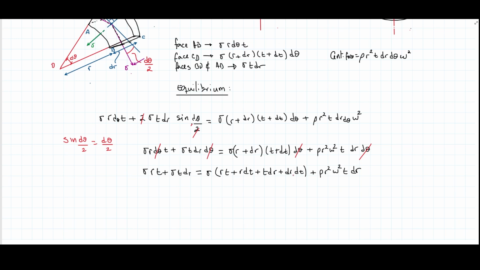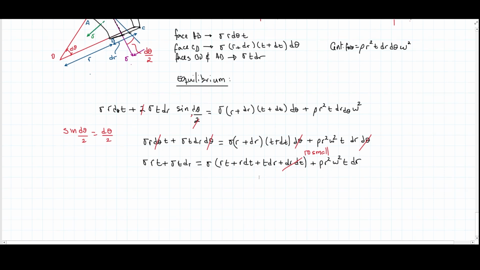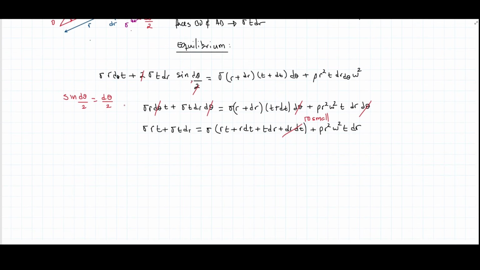Again, this term is too small, so we are just not going to take it into account. Let me finalize the multiplication of the stress with this parenthesis here. Then sigma r dt plus sigma t dr plus this term here.